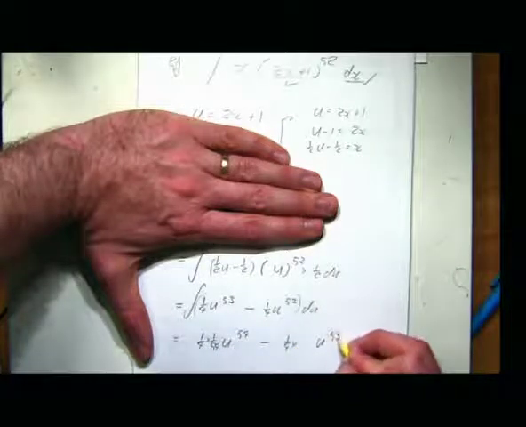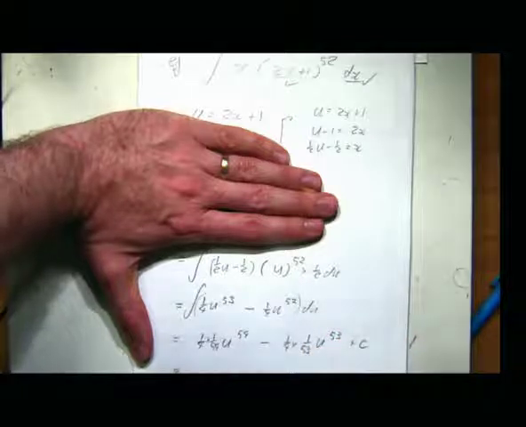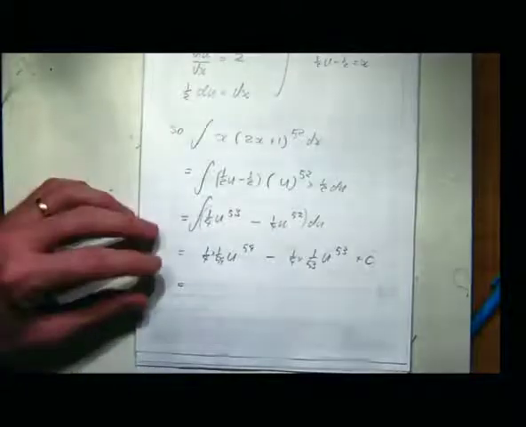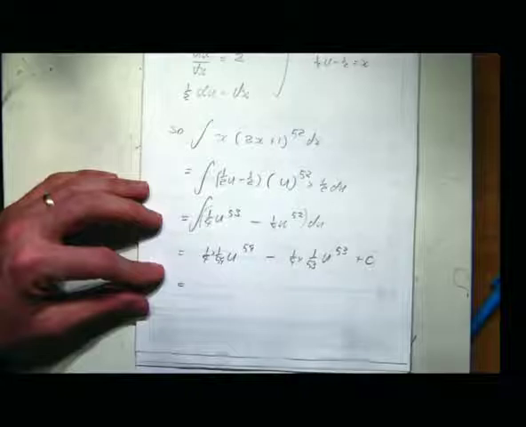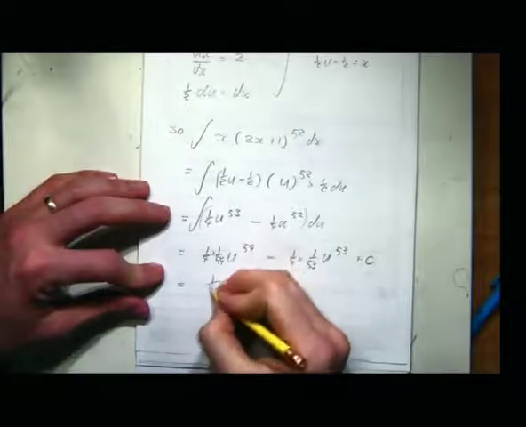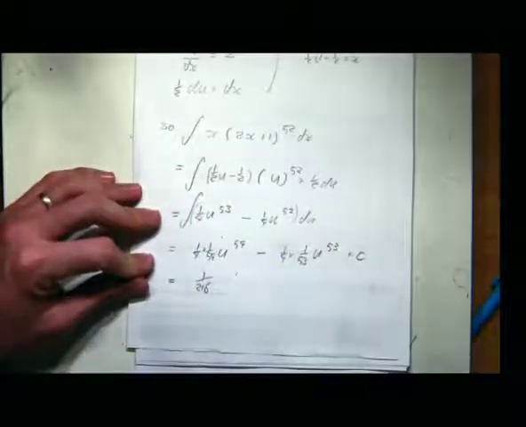U to the 53 and divide by the new power. Like that. And then, oh gosh, I don't know what 4 times 54 is, 216. But just a second, it was originally in terms of x, so I need to put my u's back. u is equal to 2x plus 1.